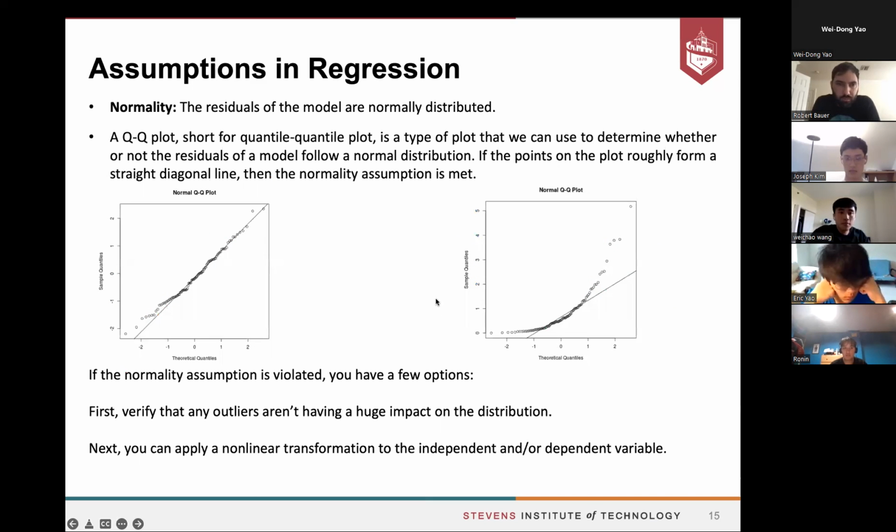So the next assumption is normality. The residuals or the data points of the model should be normally distributed. For that, again, we have to have a linear relationship.